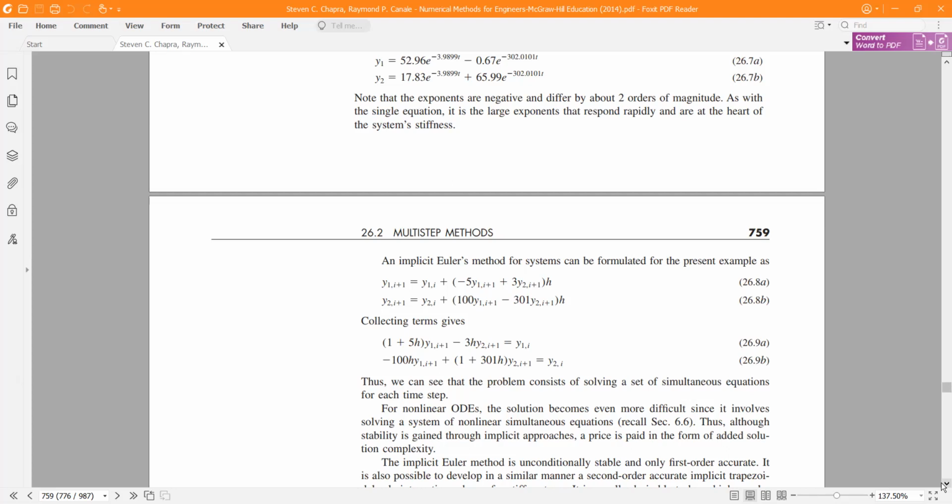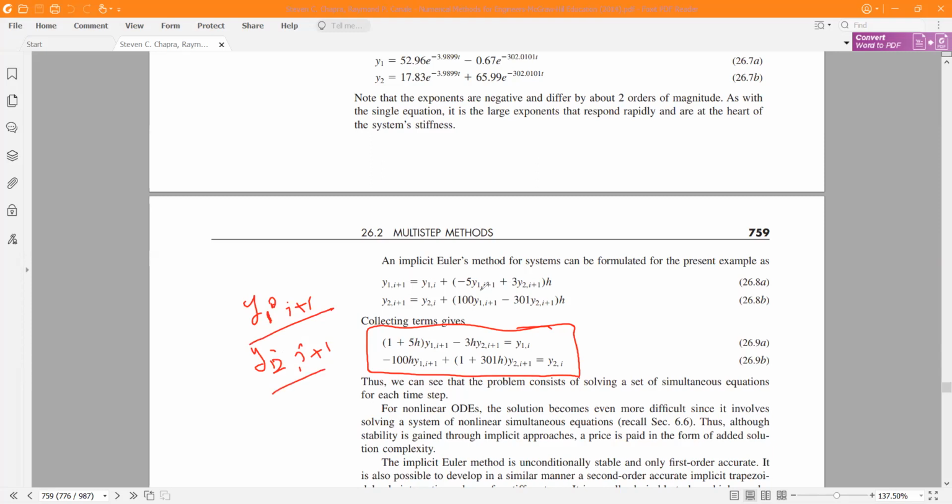You have to rearrange this equation into a form that will take the form of a simultaneous equation, because we need to find y1 i plus 1 and y2 i plus 1. Both are unknowns, and both unknowns are involved on the left and right hand side. So if we rearrange this, it will take this form.